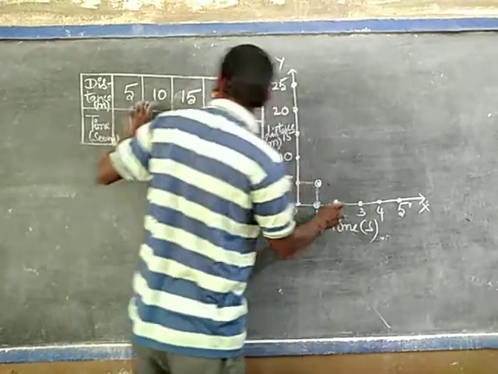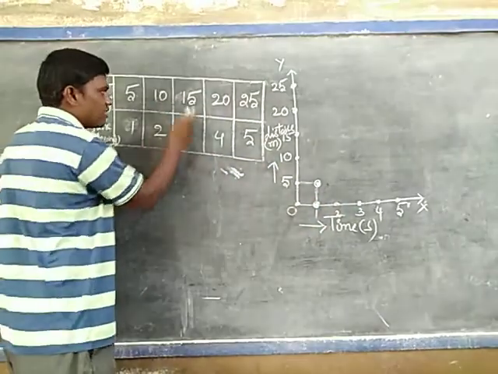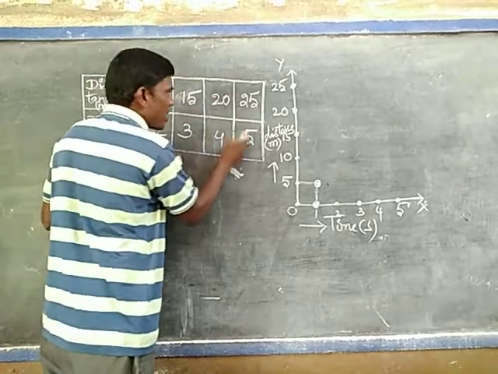That's why in 1 second it will be covered 5 meters. Next in 2 seconds 10, 3 seconds 15, 4 seconds 20, 5 seconds 25.